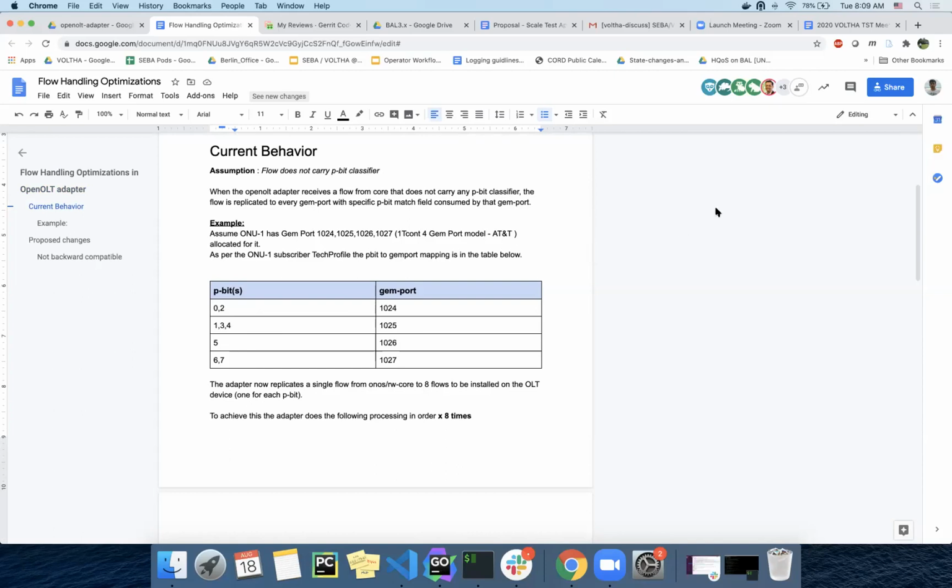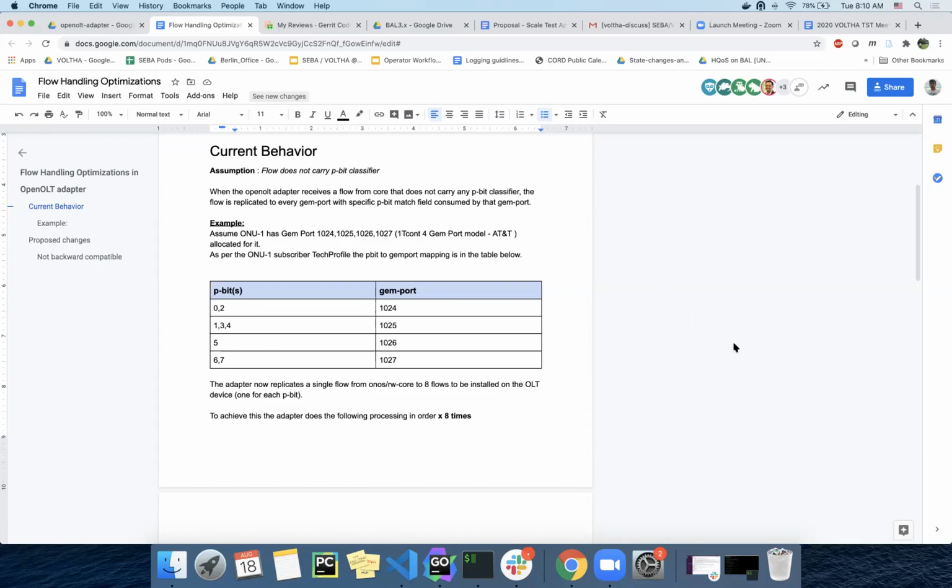If the flow does not carry a p-bit, this flow is replicated across these 4 gem ports with an additional classifier of these p-bits, because in theory you could receive a packet with any of these p-bits and you should still be able to process that. Especially on the BAL, since the OpenOLT adapter is open source, it works with the OpenOLT agent, but the OpenOLT agent is working with Broadcom BAL as of today.